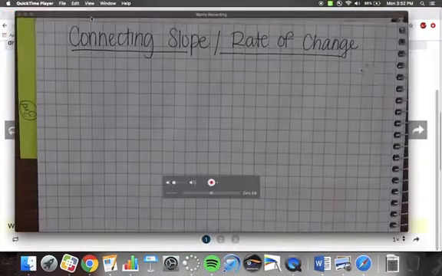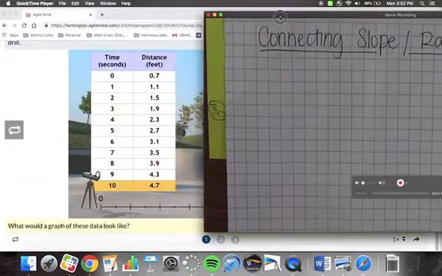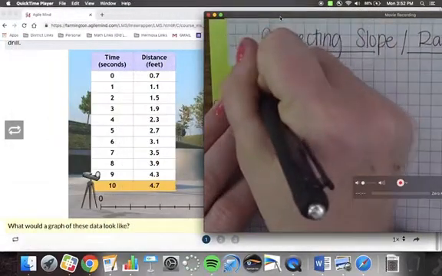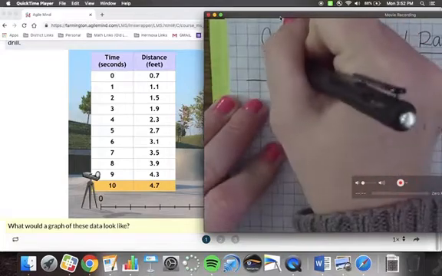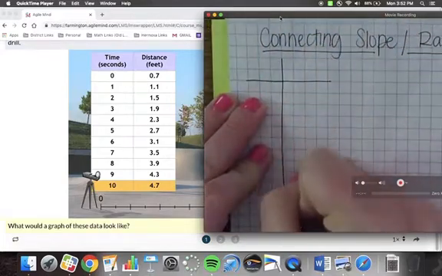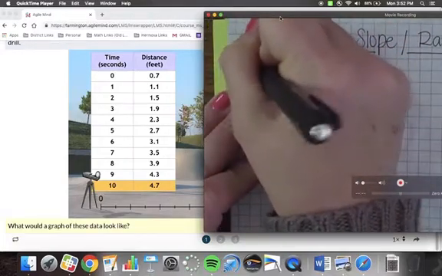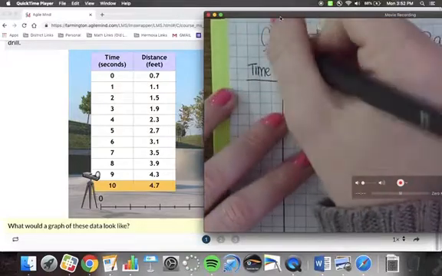So we're going to go ahead and copy that into our notebook. So we have time and distance.